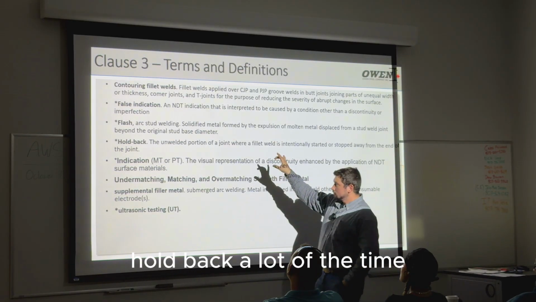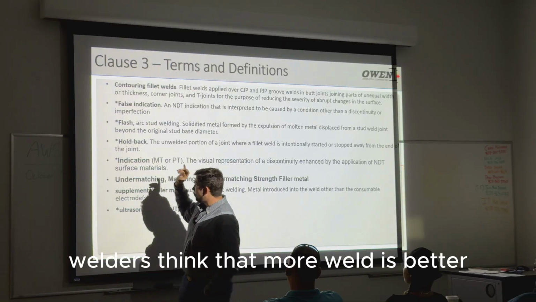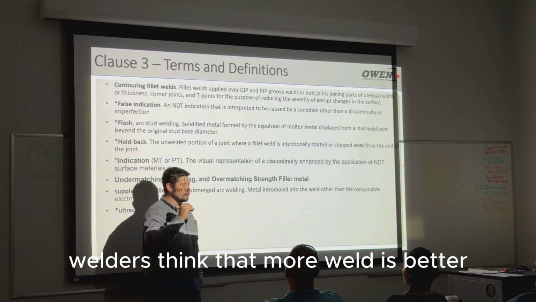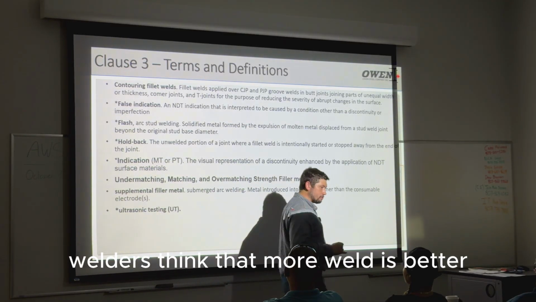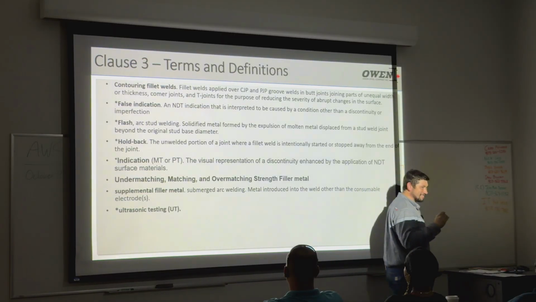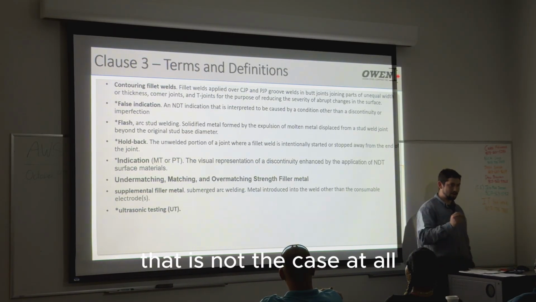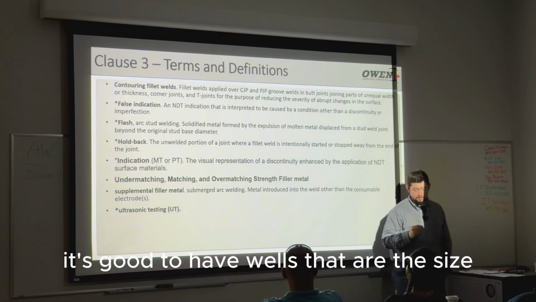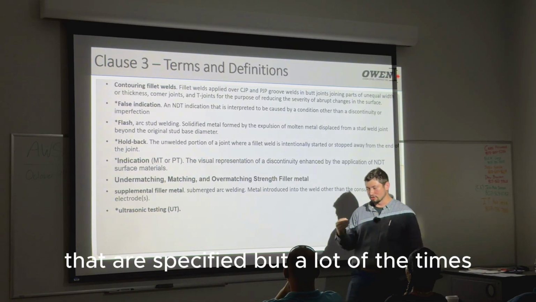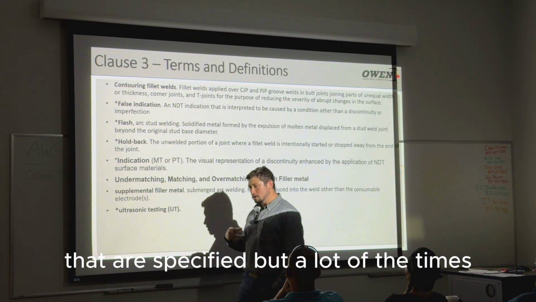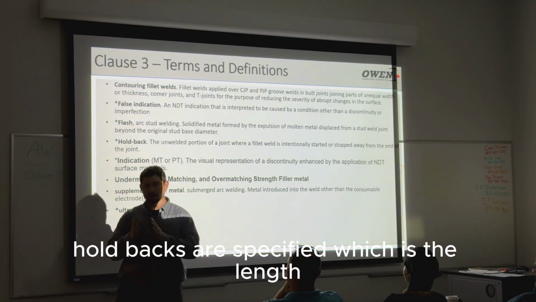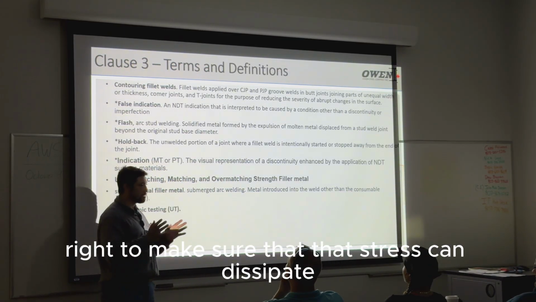Holdback. A lot of the time, welders think that more weld is better. That is not the case at all. It's good to have welds that are the size that are specified, but a lot of the times holdbacks are specified, which is the length I hold back from the edge of a joint, right?